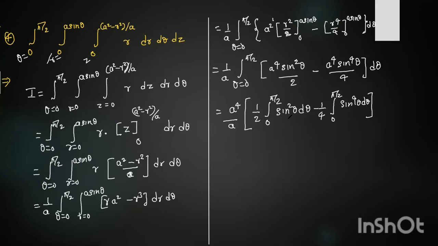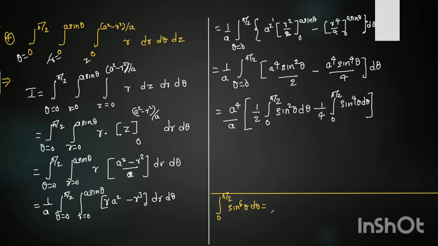See, to solve this, we can use the reduction formula that you studied in the previous semester. How many of you remember the reduction formula? Okay, you tell me, what is the answer of the integral 0 to pi by 2 sin to the power 6 theta d theta?